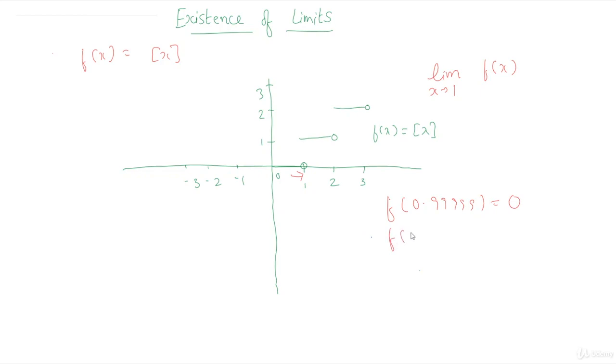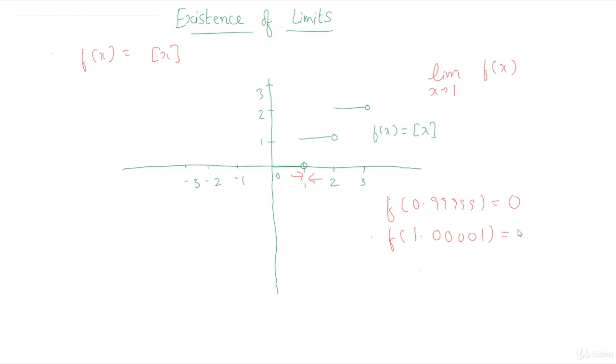Similarly, when we approach x equal to 1 from the right side, let us say we compute the value of this function at 1.00001. At this value of x, the function will be on this branch, so its value will be 1.